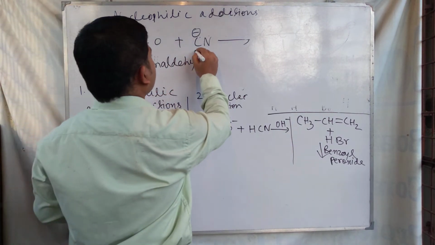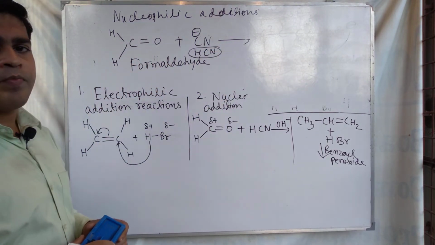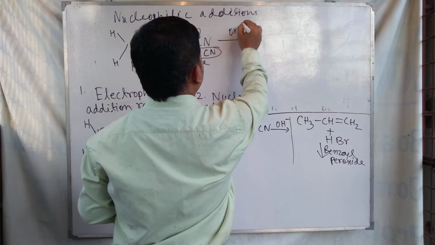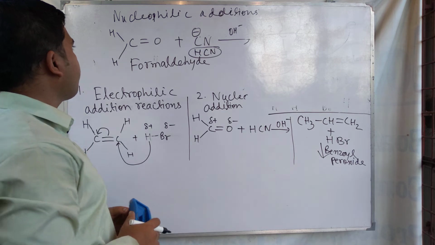Here CN minus is coming from HCN in the presence of OH minus, meaning NaOH. What happens?